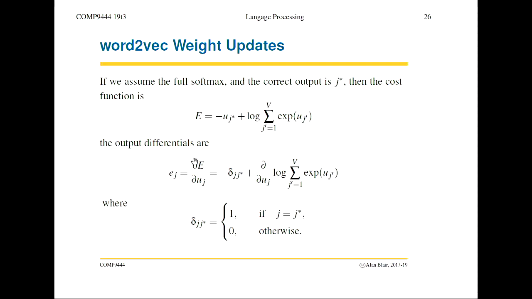So the derivative of this loss with respect to uj, if j star is the correct prediction, then if it's the correct prediction, we get a -1 here. And then we always get this derivative of this log term.